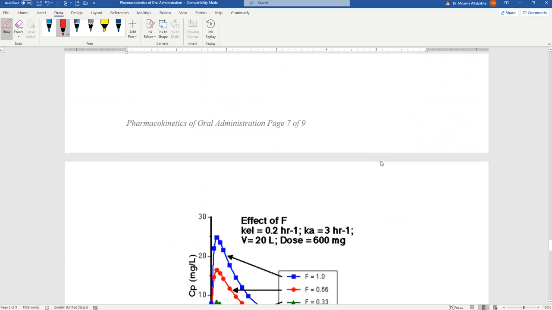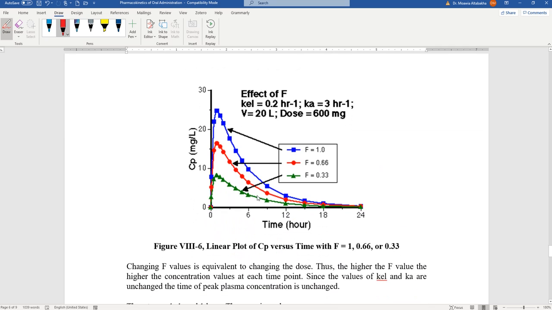Let's see it as a graph here. We have F1, which is the blue, F 0.66, which is the red, and F 0.33, which is the green. What do you see here? You see that the peak concentrations are happening at the same time. So the time of peak is the same.